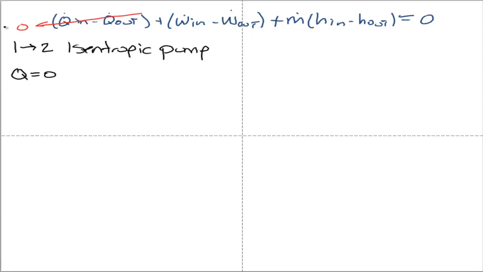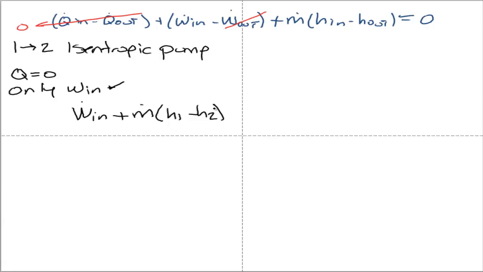Second, the pump is a device that needs work in to perform its function, so we don't have any work out, and we can cancel this term also. Then if we rewrite what we have, the work of the pump, plus the mass flow rate times the enthalpy difference, should be equal to 0, again because this is a steady state for the isentropic pump.